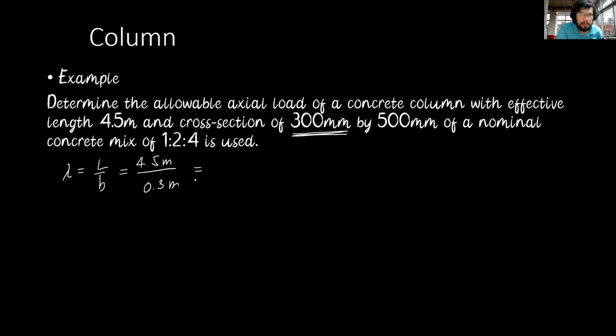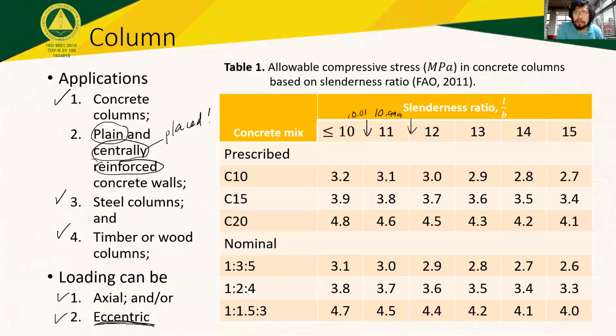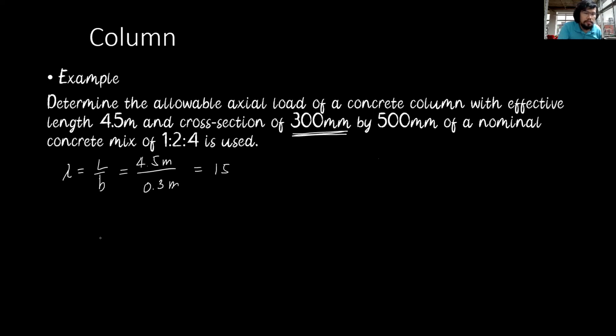So we get a value here, and we can easily get the value of the 1:4 mix with the 15 slenderness ratio, and it's simply this one. It's 3.3.